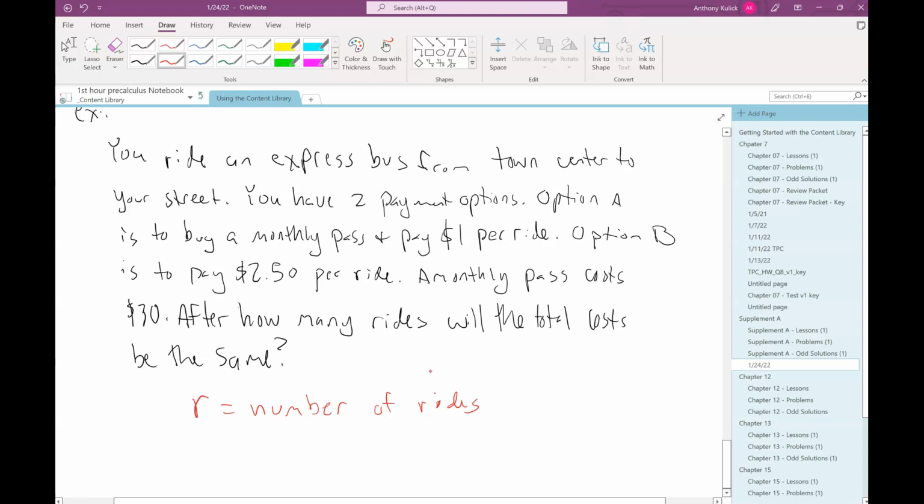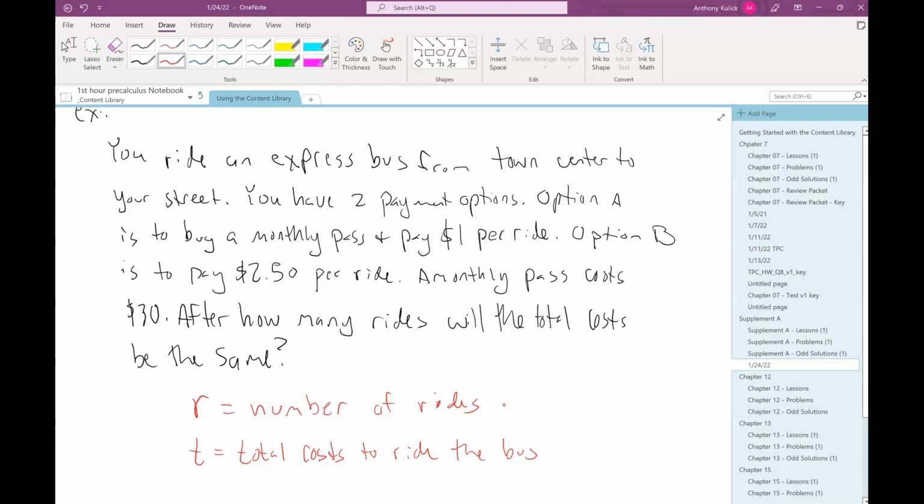Yes, Ellie. Yeah, so I'll call that the total cost to ride the bus. Everybody agree that those are kind of the two quantities that are going to be changing? The number of times we ride the bus and how much it costs us to do so.